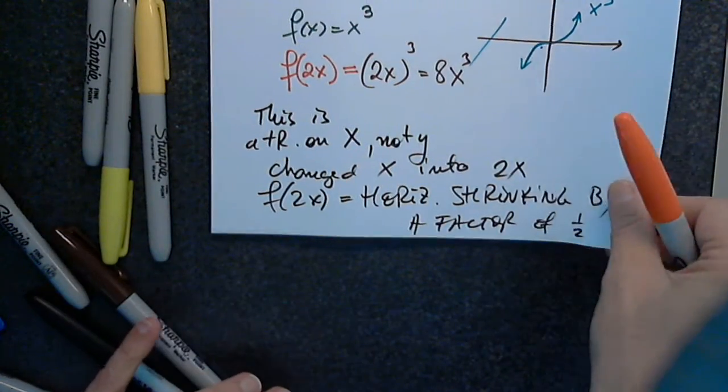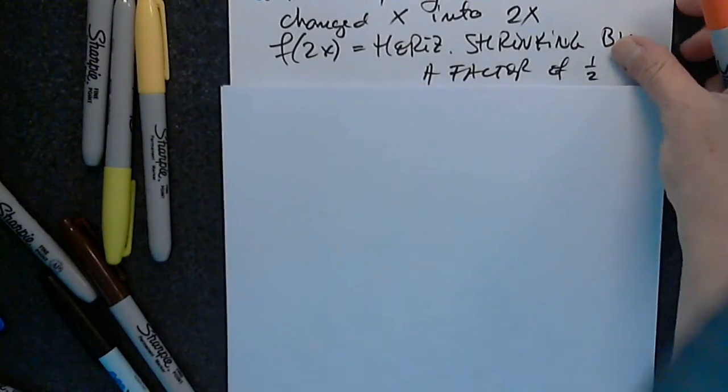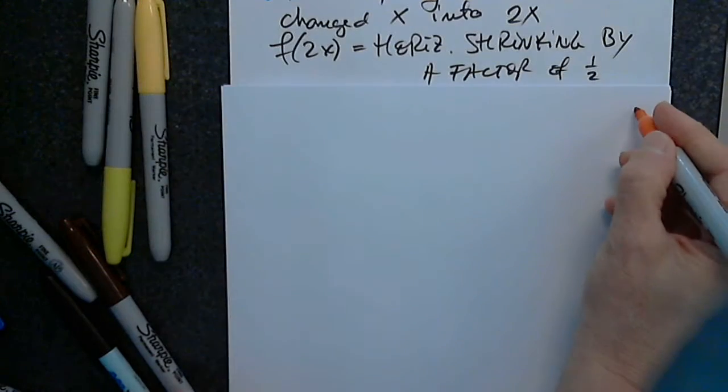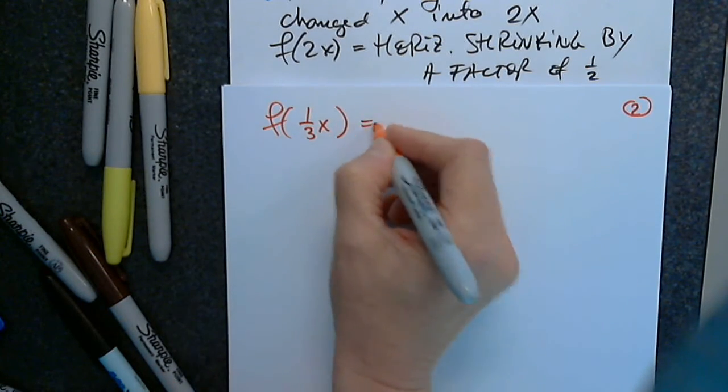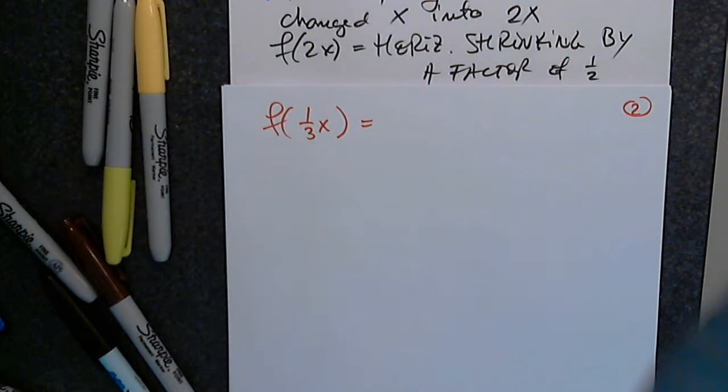Now we can fast forward, and if I give you an example of f of 1/3 x, what will this represent? If twice x is a horizontal shrinking of the graph, what do you think 1/3 x will do?